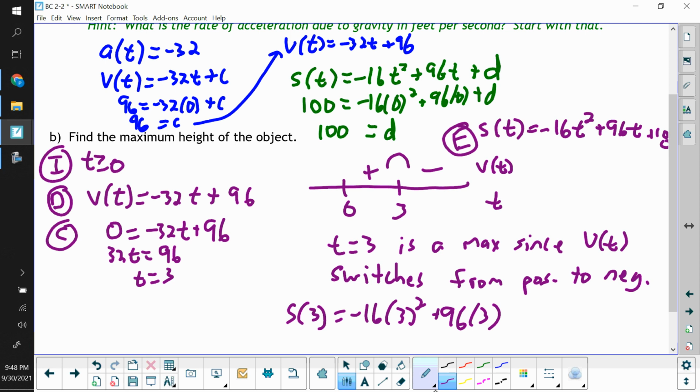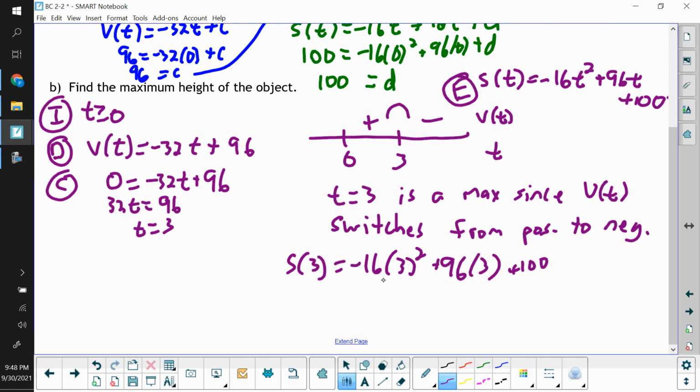So that should have a 100 on the end there. Sorry about that. Don't really have the space. That doesn't change any of our analysis here because the derivative of that would be 100. So I just needed to put that plus 100 on the end. So when you sub that in, it was probably 144, but the plus 100 would make this 244, and we have feet now.